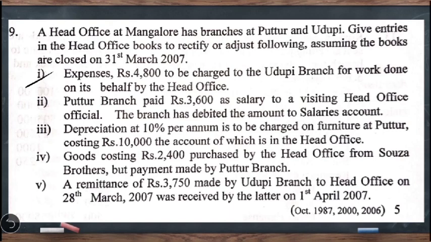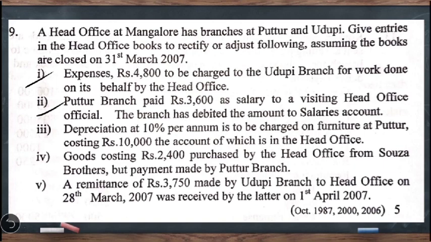Then the second adjustment given here is Puttur branch paid 3,600 as salary to a visiting head office official. The branch has debited the amount to the salaries account. Okay, here the official had visited the branch and at that time branch has given a salary of 3,600. Actually he is working in the head office, so the salary to that staff should be paid by the head office.